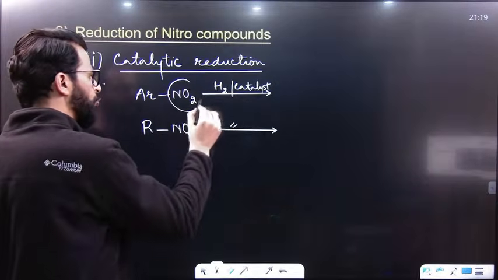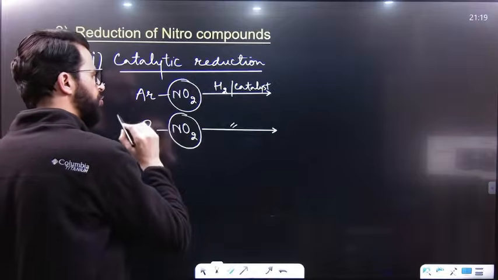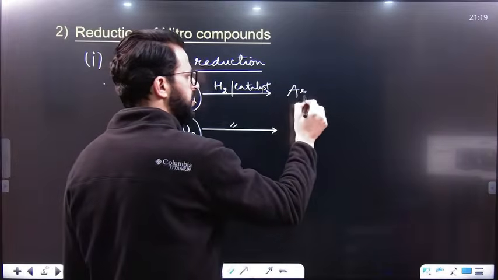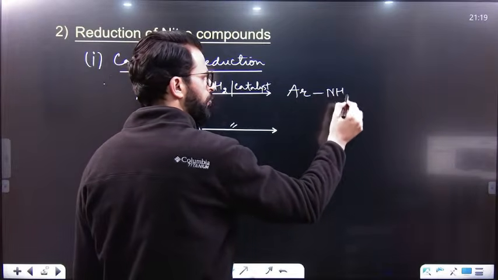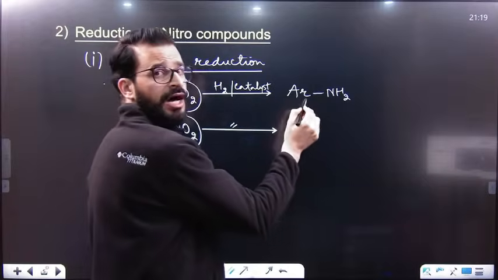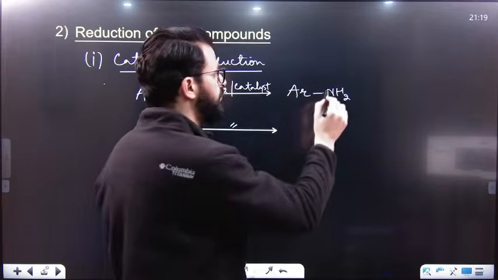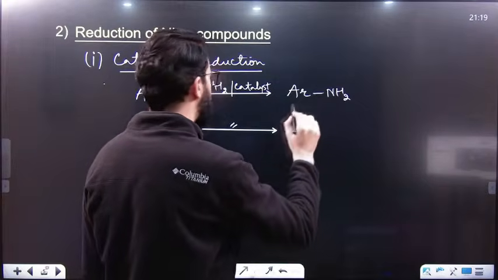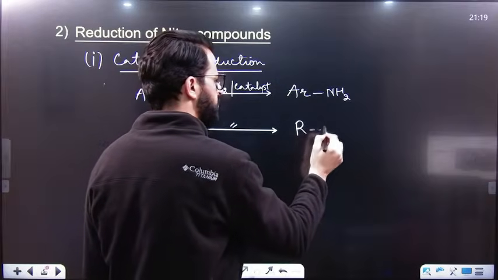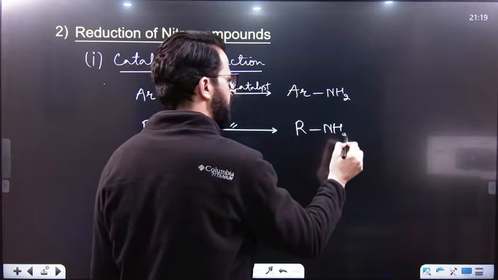This NO2 group is simply reduced to NH2 group. That means we will get aromatic amine. If this Ar aromatic ring is a phenyl ring, then we will get aniline, that means aromatic primary amine, and we will get aliphatic primary amine as well.